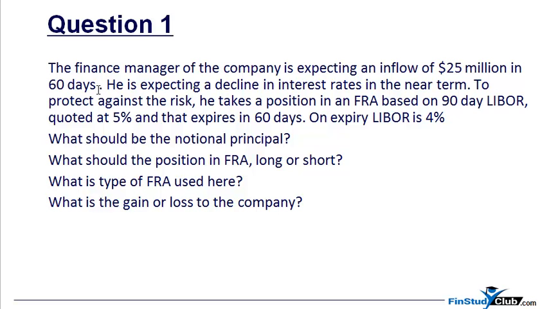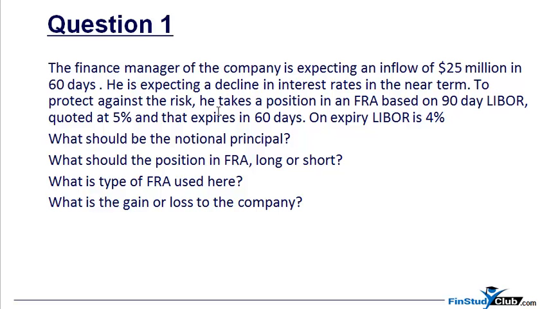So it's very obvious that the manager is concerned about a possible decline in interest rates by the time he would be receiving these funds, which would possibly force him to park his money at lower rates, and that is what he would look to protect himself against. Now when I say he, it's essentially the company. So the finance manager out here represents the company.